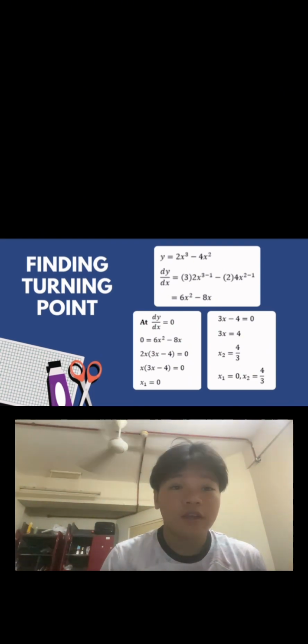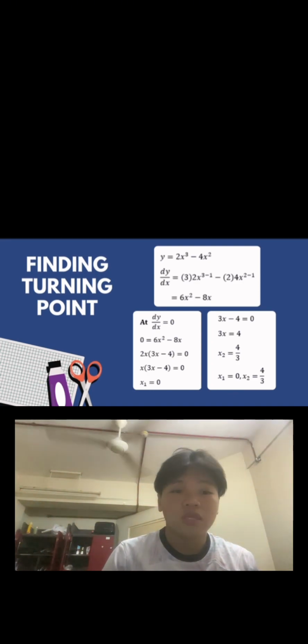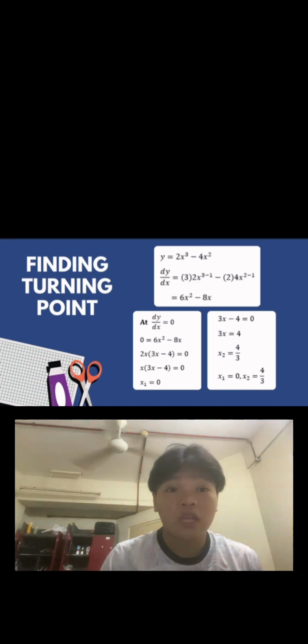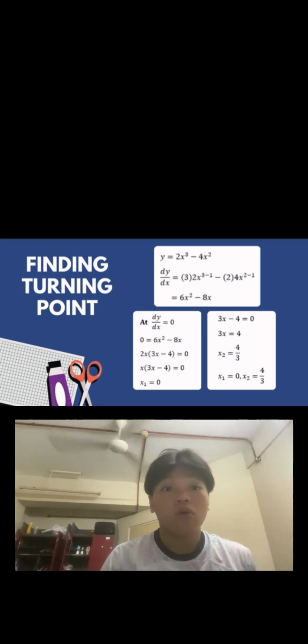The first step to find x1 and x2 is to make dy/dx equal to 0. So 0 = 6x^2 - 8x. The function we use here is the one we already differentiated. To find x1 and x2, there are two methods: use the calculator or do it by hand.